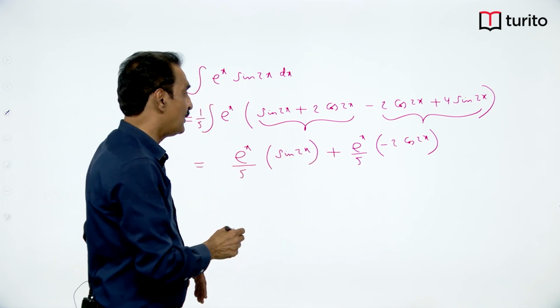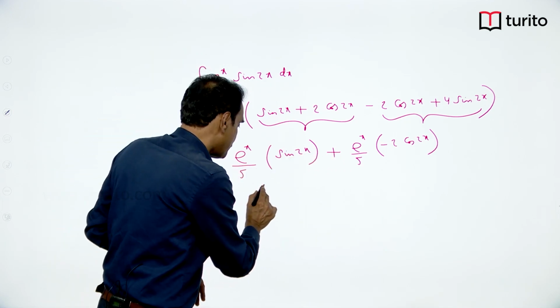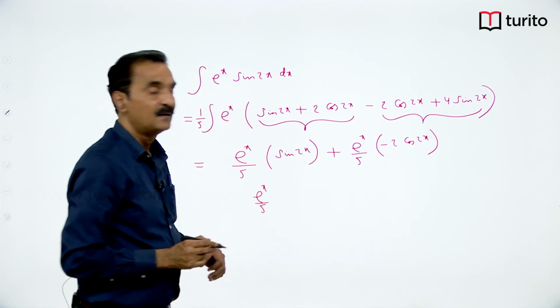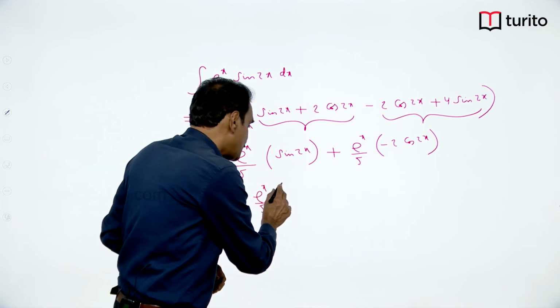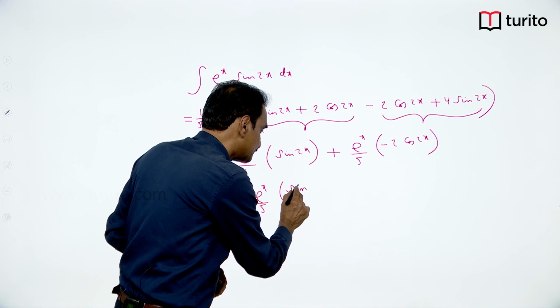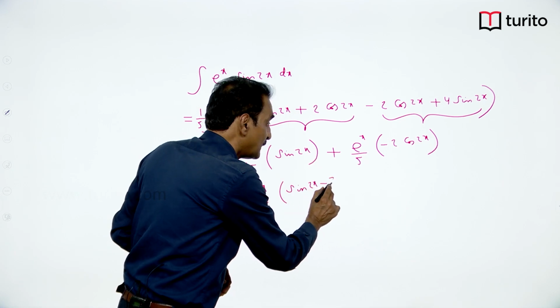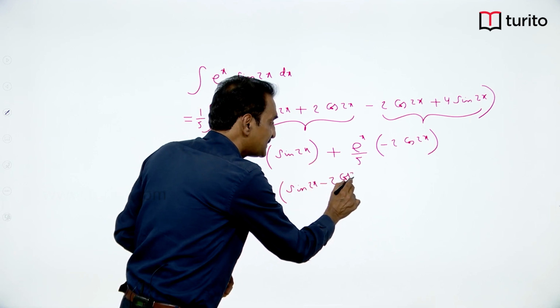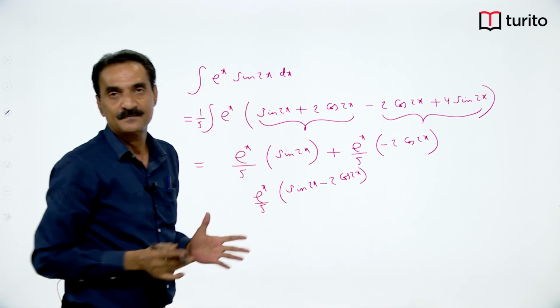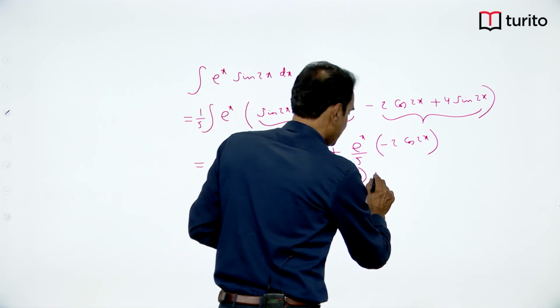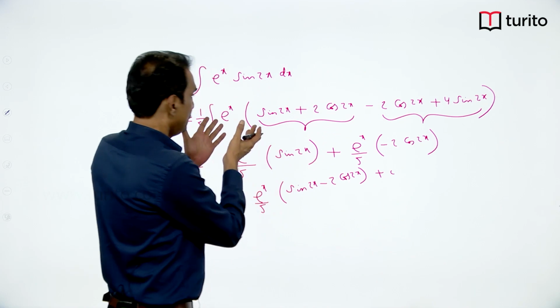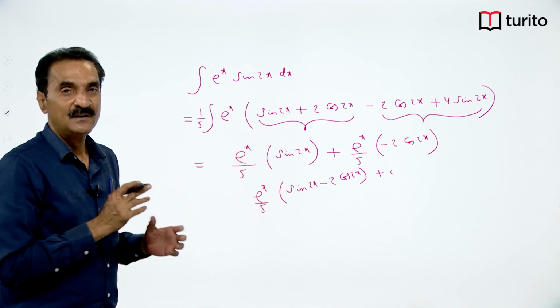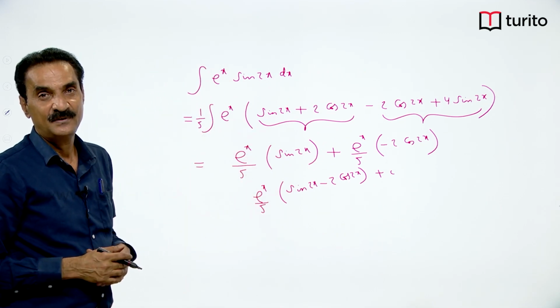Now taking e power x by 5 common, we get sin 2x minus 2 cos 2x plus c. This method is allowed even in subjective examinations. Okay.